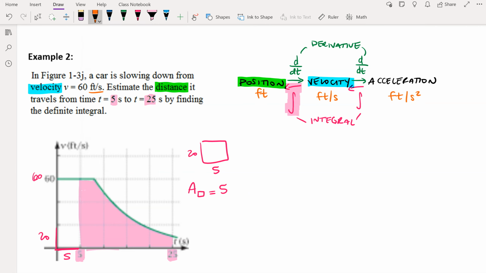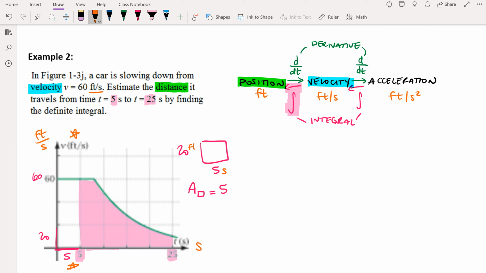Okay, so the units on the 5 are the x-axis units. So what are the x-axis units? You can't really see them very well. It's seconds. So 5 seconds. And then the units on the 20 are feet per second, because it's the vertical piece.